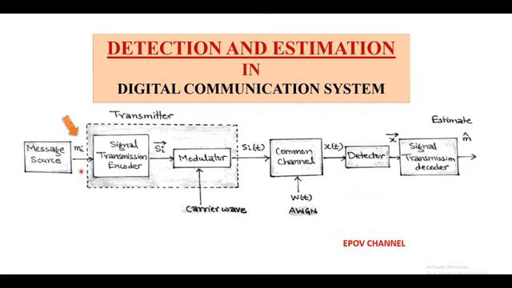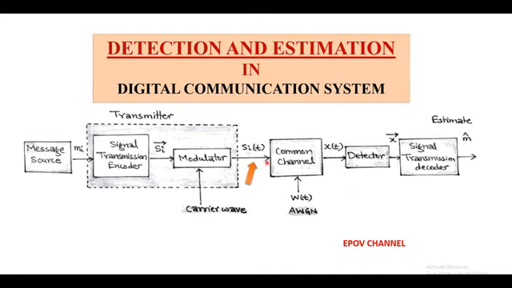This discrete message is first passed through the transmitter where the encoding and modulation process takes place. Here the signal transmitter encoder converts discrete message Mi into a set of real numbers in the form of symbol vector. After encoding, this vector sequence gets converted into a signal which is compatible for transmission and having some finite energy.